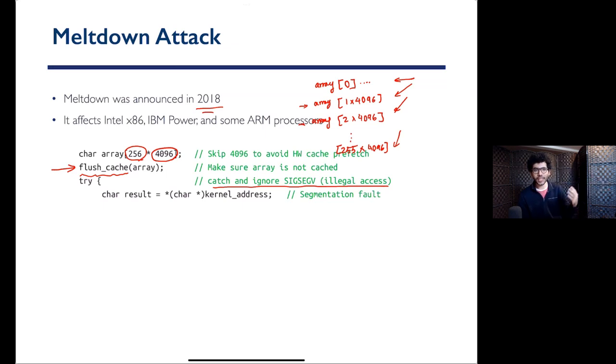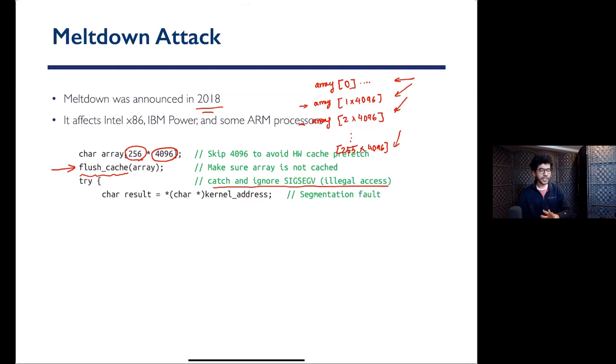So when a page fault happens, the operating system sends you a SEGV, which is an illegal access, right? This is a signal, and if you don't define a handler, it's going to terminate your process. You could define it. If you remember, we talked about telling the operating system that if this signal is sent to me, then run this function. So you're defining a signal handler. This makes sure that your program doesn't crash when it accesses something illegal.